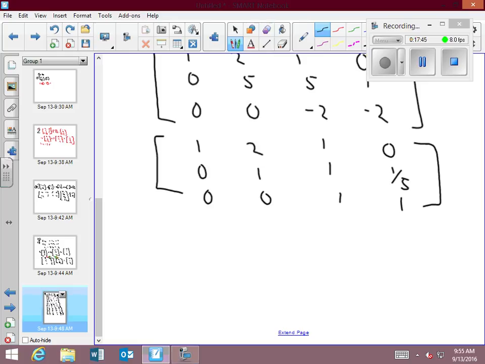Now what do I have to do? I've got to start in this column and get 0, right? So 1, 2, and then minus. I'm going to make this 0, minus 1, and subtract this one from that one, so I've got 0, 1, 0.